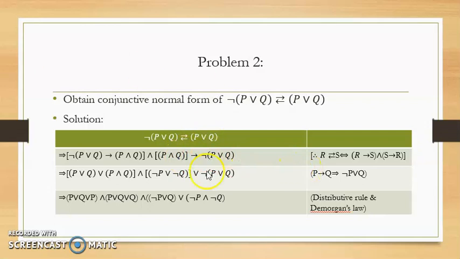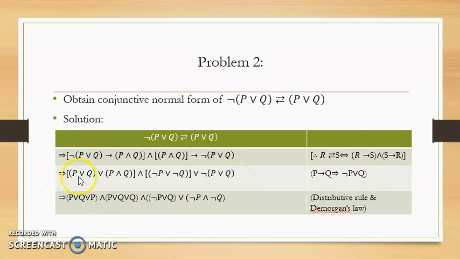P implies Q can be written as not of P or Q. In that way, not of P, that is not P or not Q, or not of P union Q.